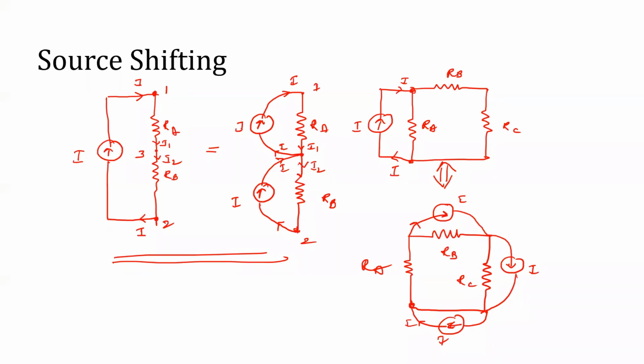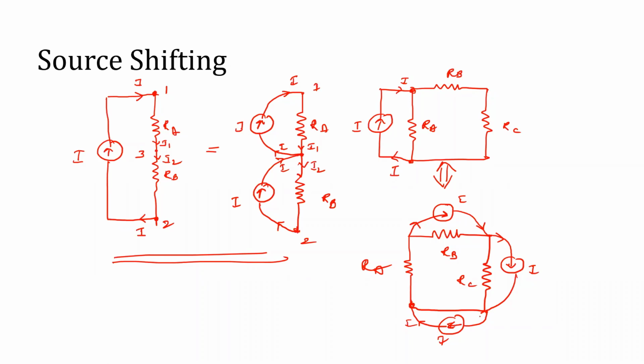So instead of saying this, I current is entering and the same I current is leaving, they are one and the same. Here the net current is zero. There is no effect of the current I because the same current is entering, the same current is leaving. So there is no effect of the current I at this node.